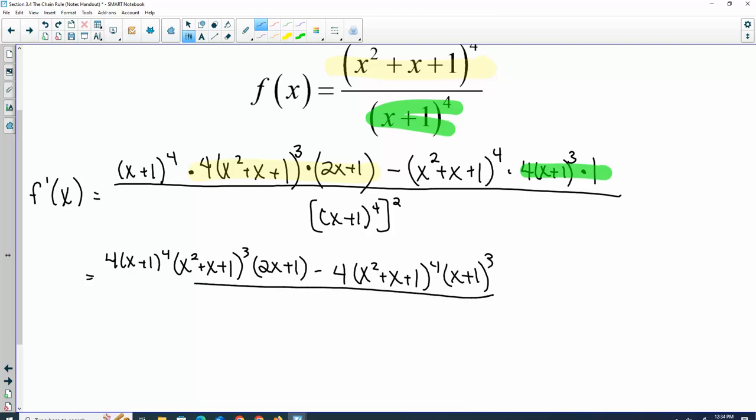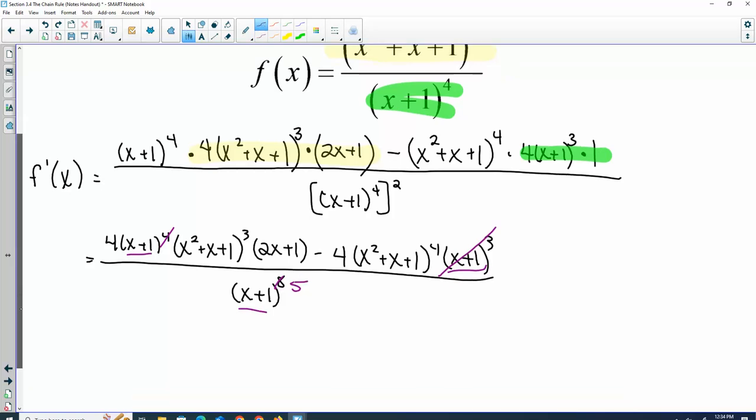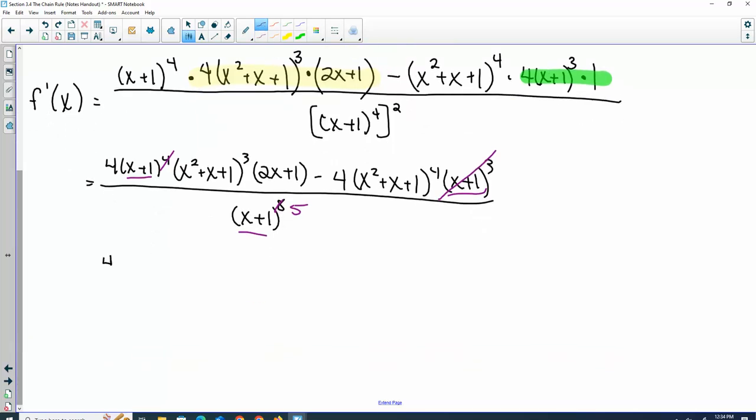And the whole thing on the bottom would be to what power? To 8. Anything else we can do? Take out the x plus 1. We have 4, 8, and 3. So we could take out 3 of them. So that would leave 1 here, 5 there. So final answer.